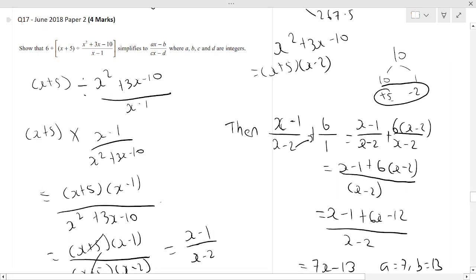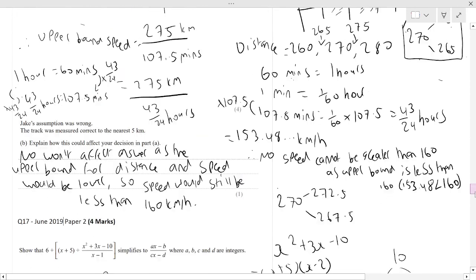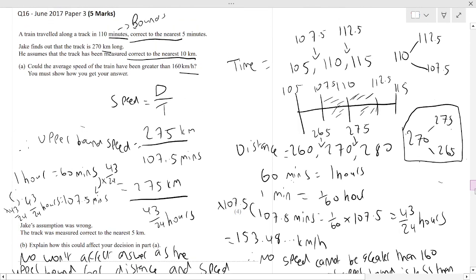No, that's 2019. If anyone needs that question, it's from 2019. Yeah, that's right. 7x minus 13 of x minus 2. Cool. Question 16. 153.48, which is there. Yes, cool.